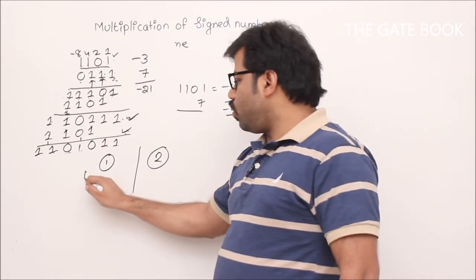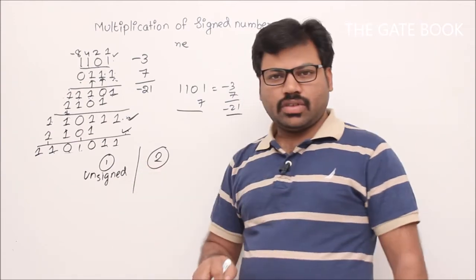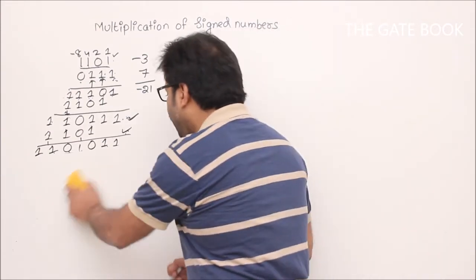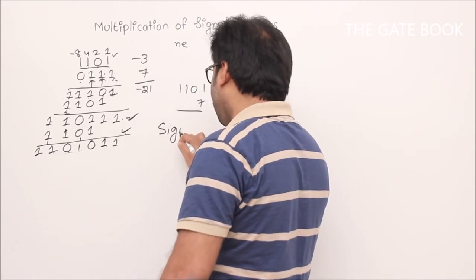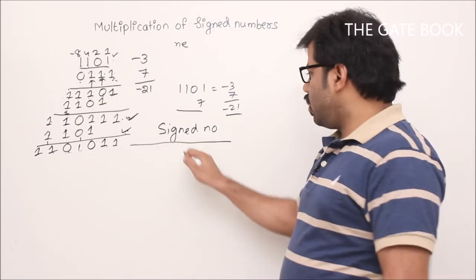First of all, we took two unsigned numbers, correct? When we have two unsigned numbers, we know how to multiply them, right? Now let us talk about signed numbers. Signed numbers can be classified into 4 parts.